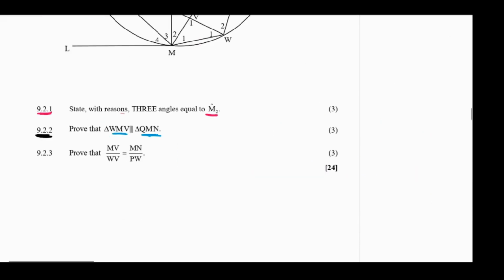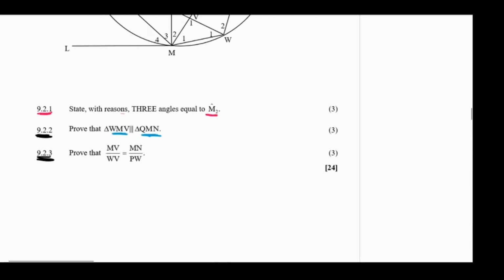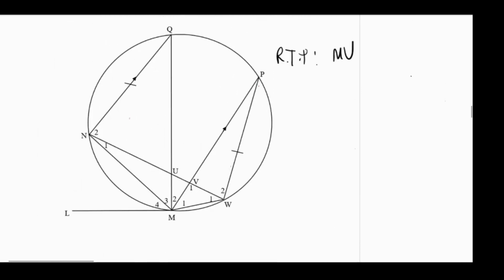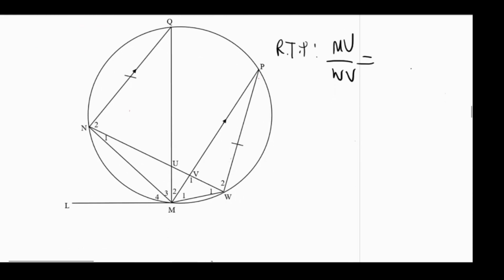Okay, so now 9.2.3, we are asked to prove that MV over WV is equal to MN over PW. I just want to write that down. Required to prove that MV over WV is equal to MN over PW, right?